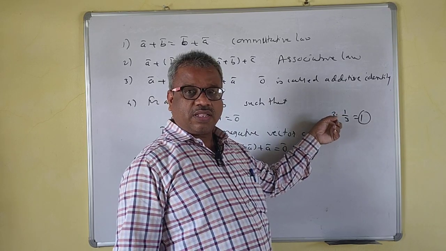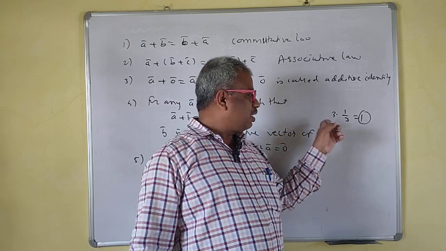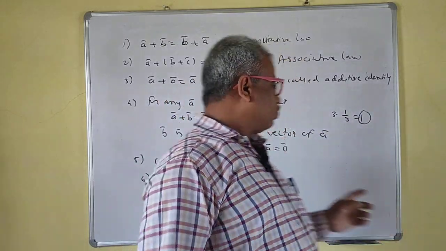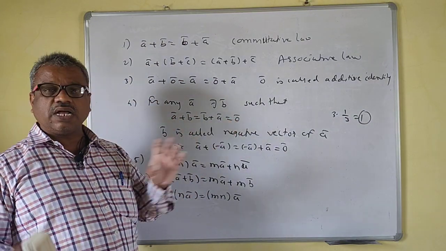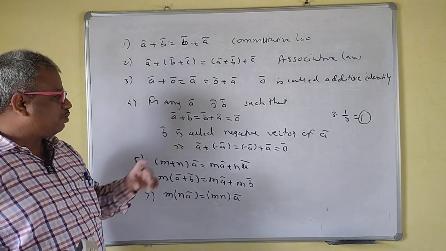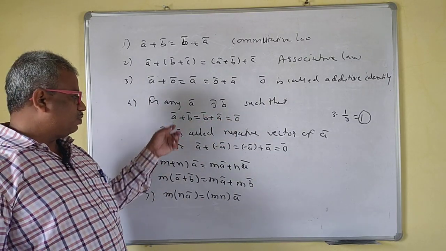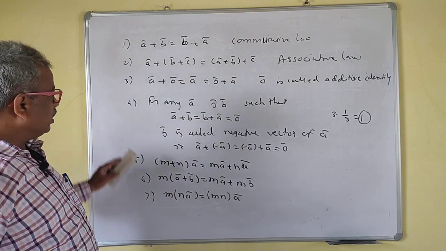If you multiply 3 by 1 by 3, we get 1. Then 3 and 1 by 3 are the multiplicative inverses of each other. Here also, A bar and B bar are the additive inverses because 0 bar is the additive identity. If you add some number and we get the additive identity, then that number is called additive inverse of this one. That means A bar and B bar are the additive inverses of each other.